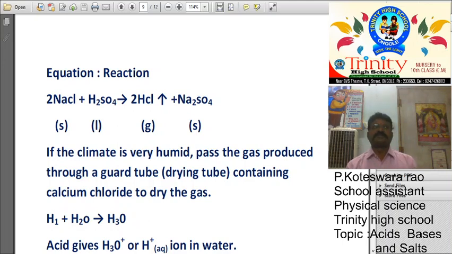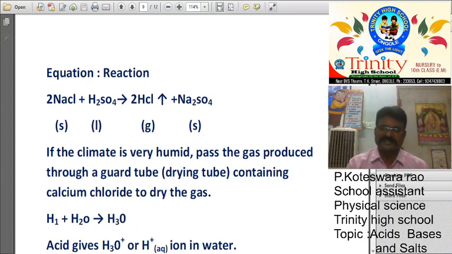A guard tube is nothing but a drying tube which contains calcium chloride. So the guard tube contains which substance? Calcium chloride, CaCl2. This calcium chloride we will also discuss in one more important topic, the principles of metallurgy, where we use this calcium chloride in a 3 test tubes experiment.